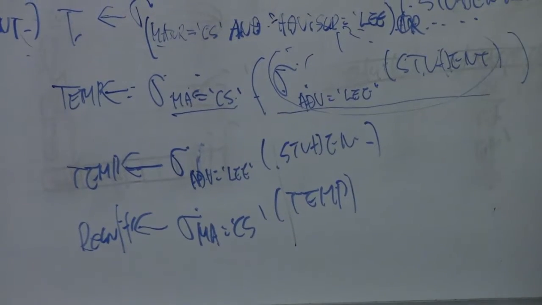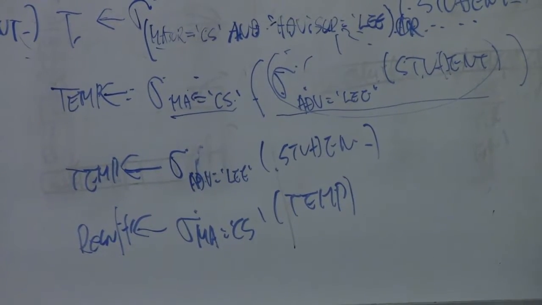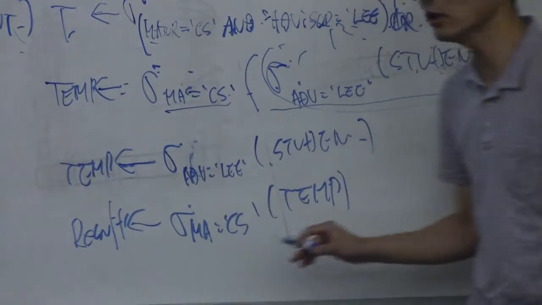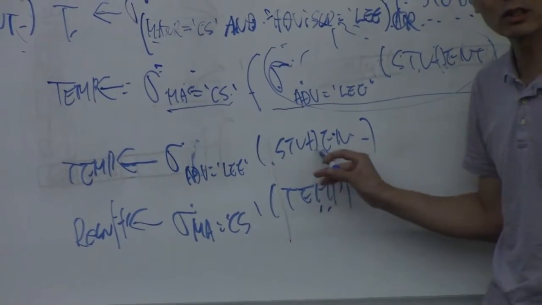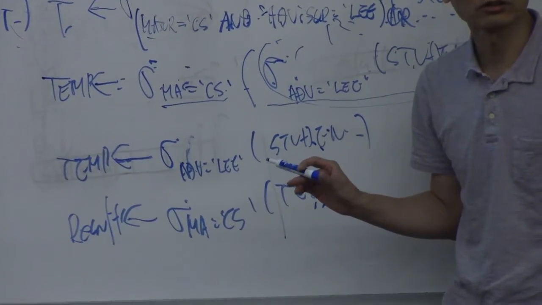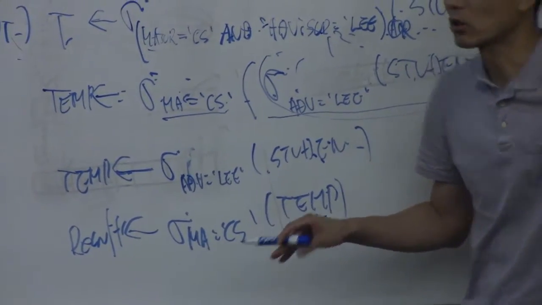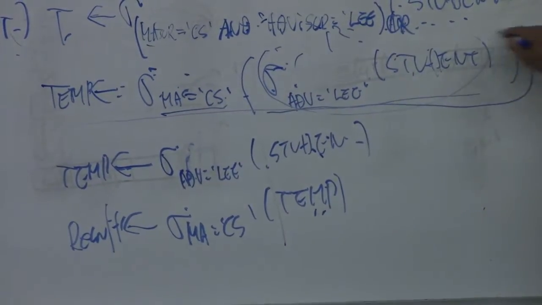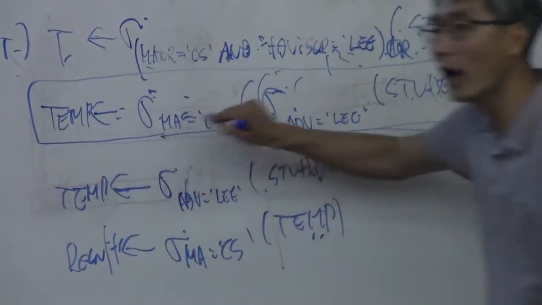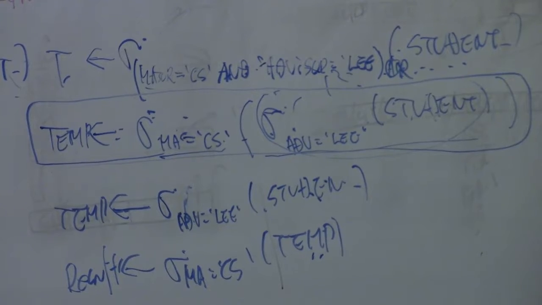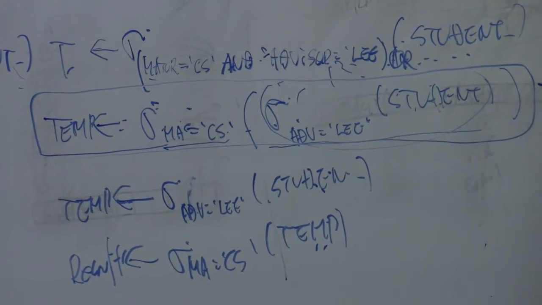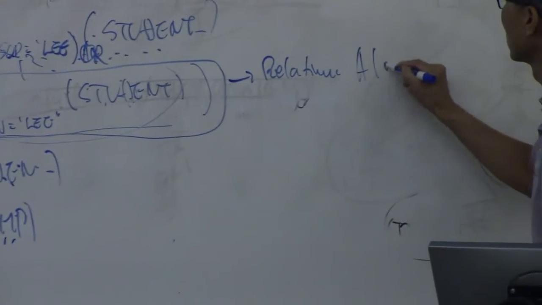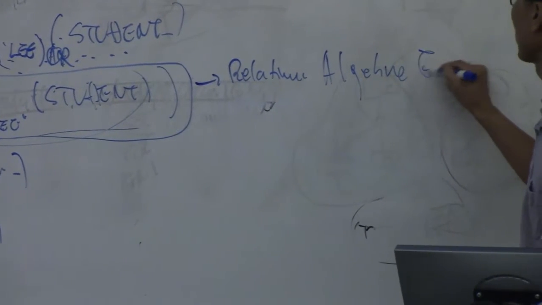Does it work or not? Yes, it works. So you can separate the multiple operations into single operations. So you can just separate. So at this time, if you are using multiple operations together in one, this is called a relational algebra expression.